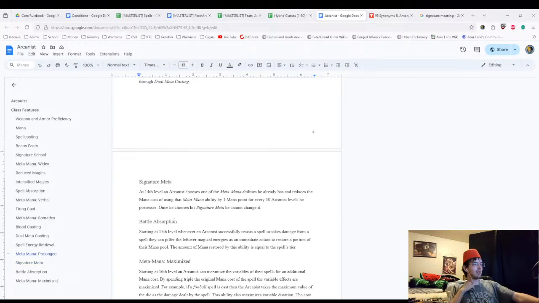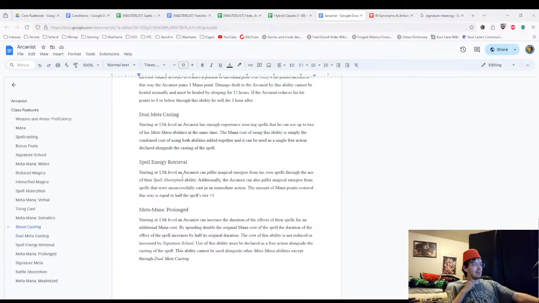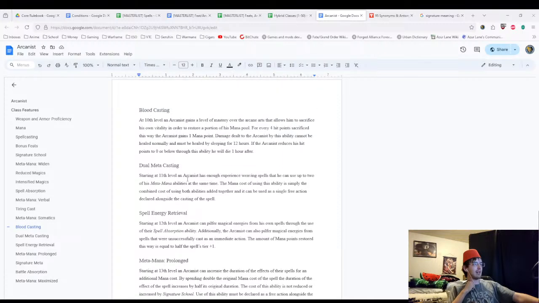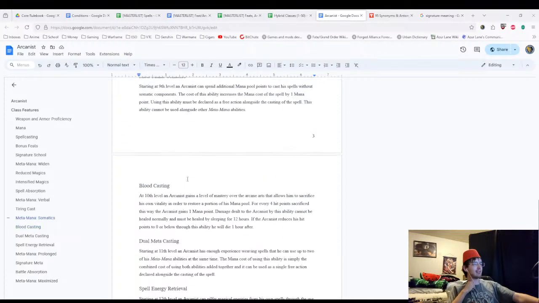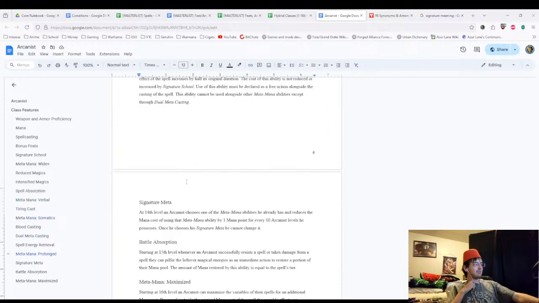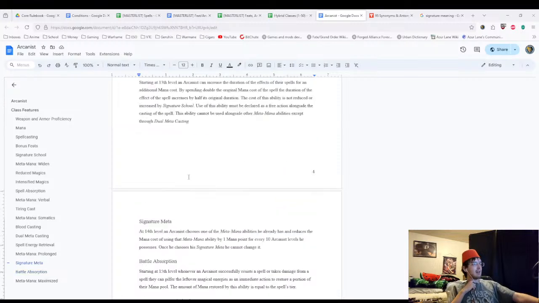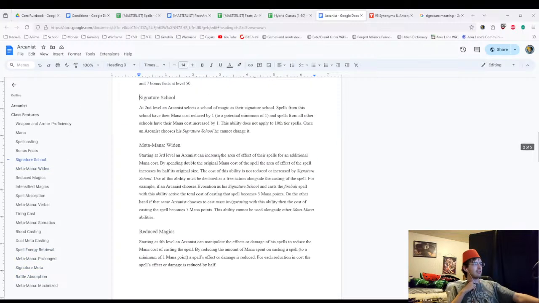We gave him another meta. Yeah, there's spell energy retrieval, dual casting, you know, killing yourself for more power. I think we could do something with signature school here.